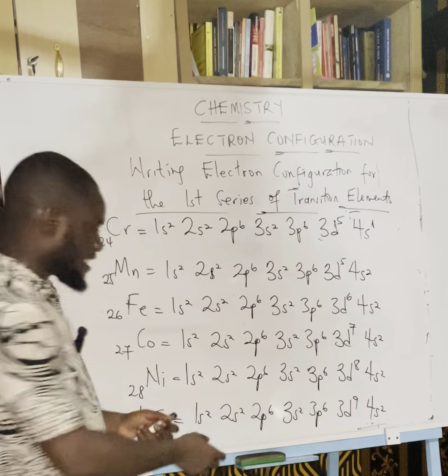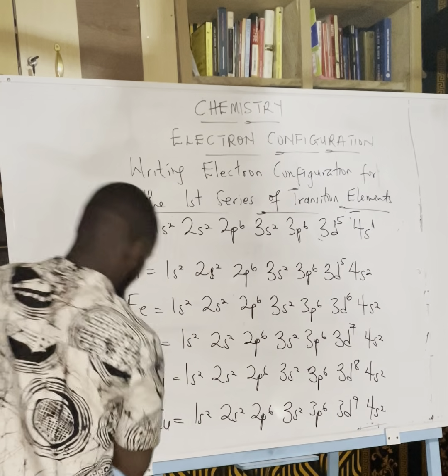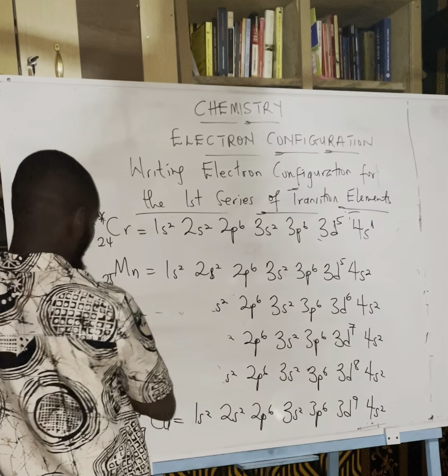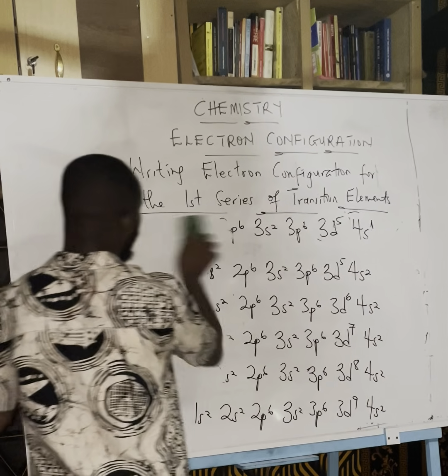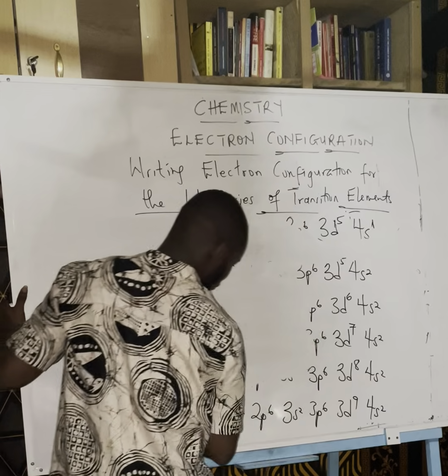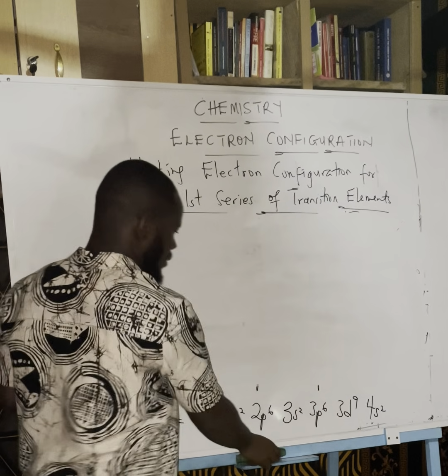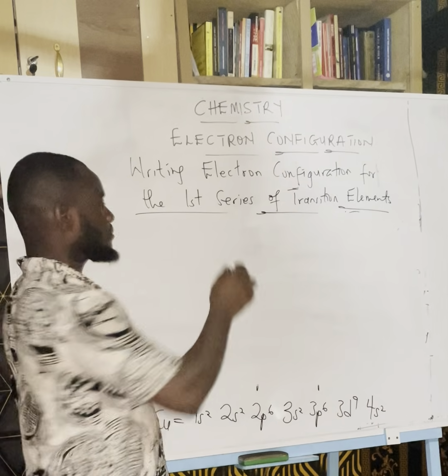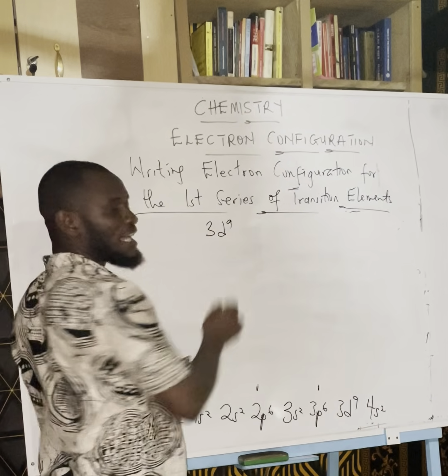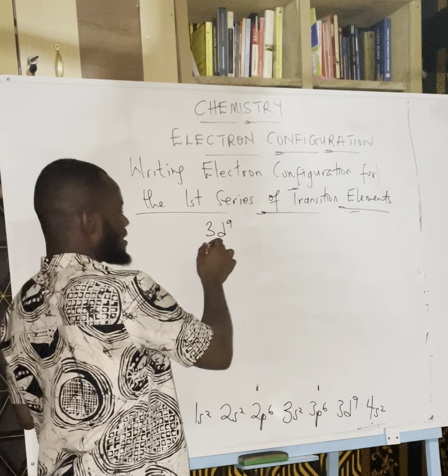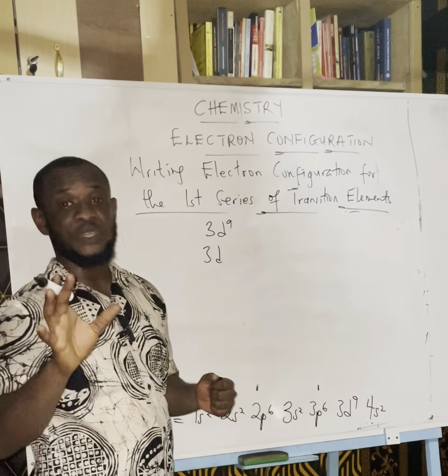Now, let me expand it for you to understand. So when we say 3d9, what does this mean? This means that we have 5 3d orbitals.